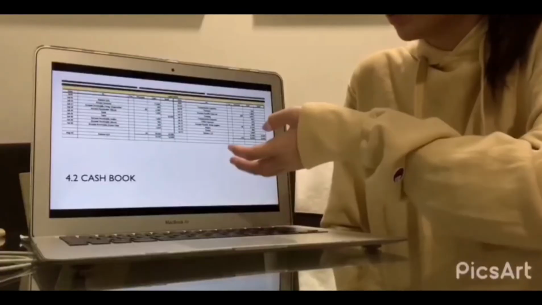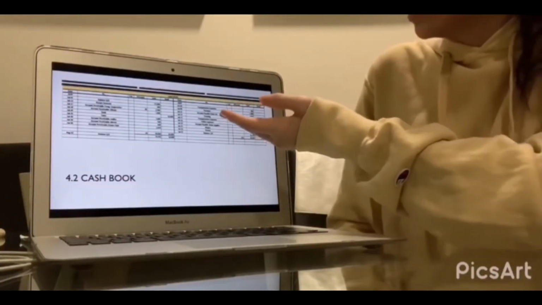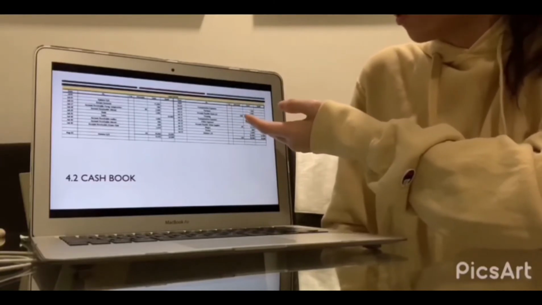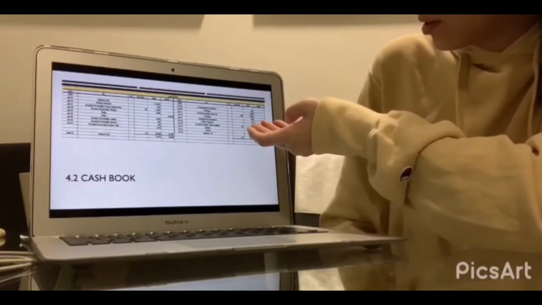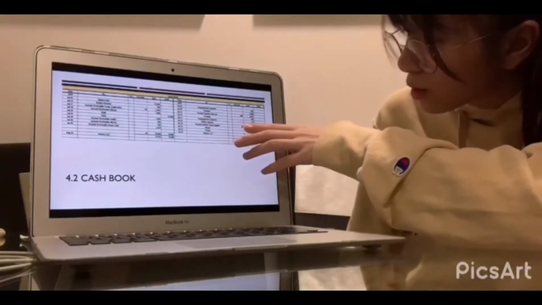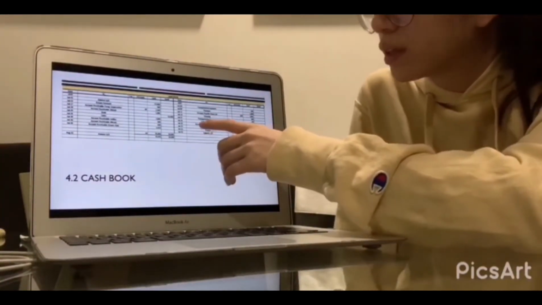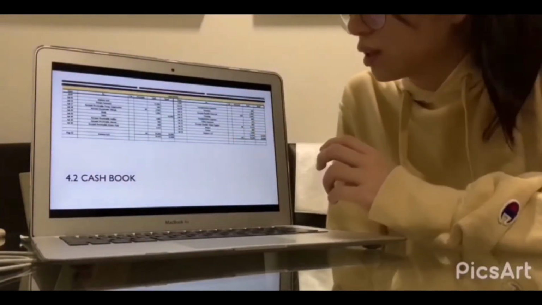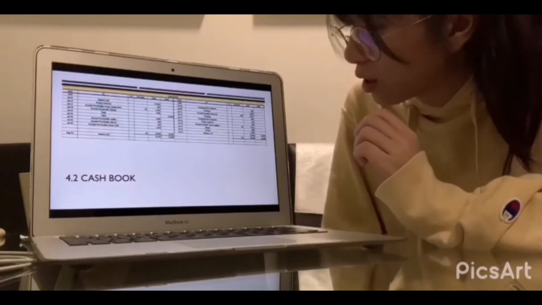Drawings is paid by cash, so it's 400. Transportation expenses also paid by cash is 270, and utility expenses also paid by cash 540 ringgit.